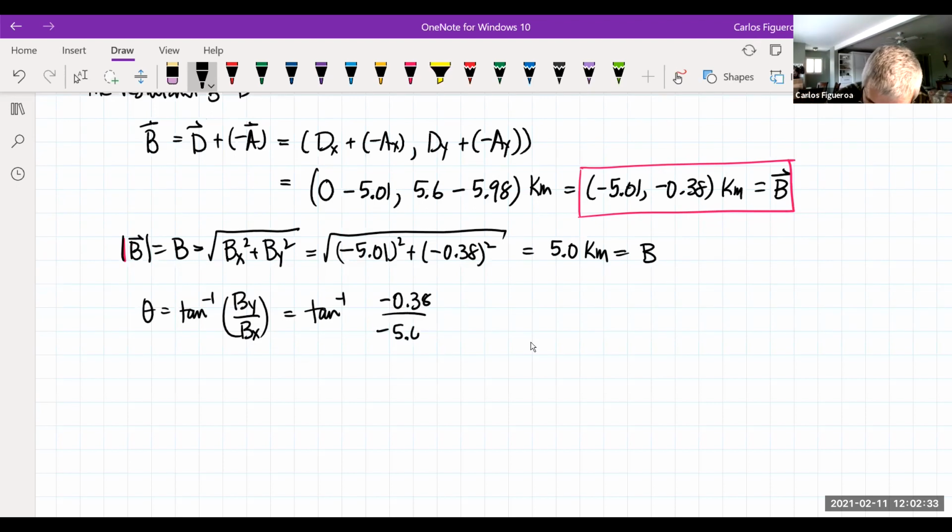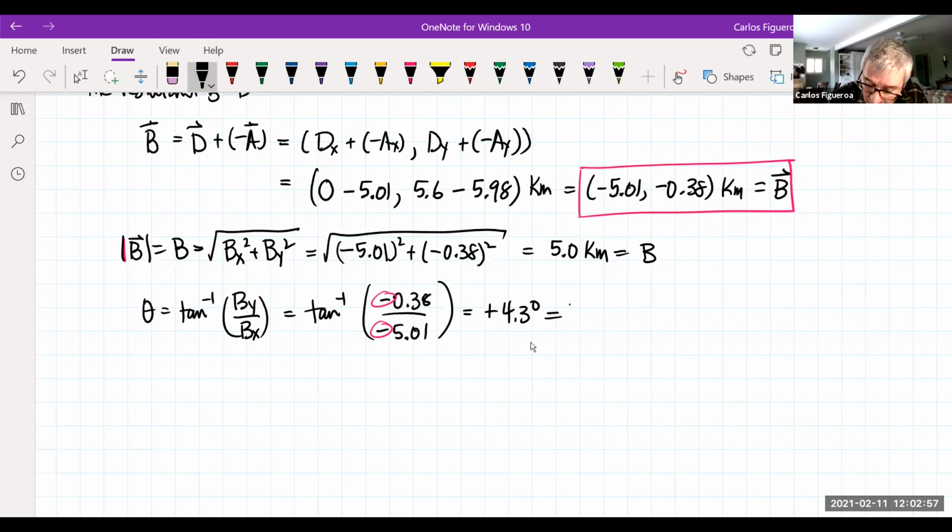Right away we should be paying attention and going, wait a minute, those signs tell me it's in the third quadrant. So what angle do I get? The angle that I get here is 4.3 degrees. This is not in the first quadrant. This is in the third quadrant.